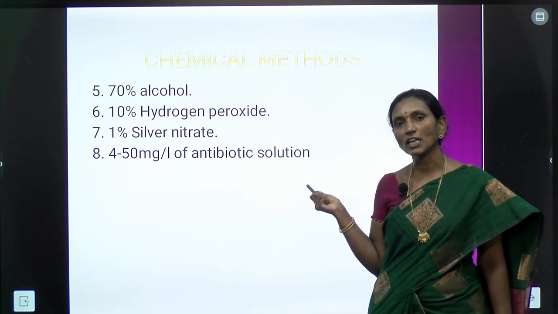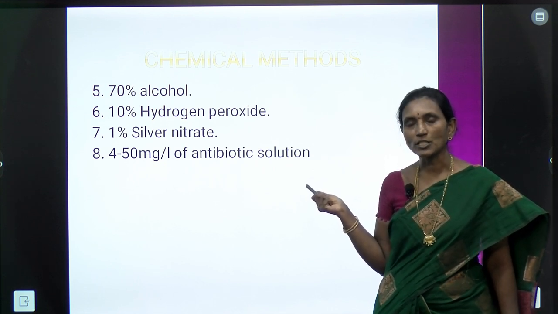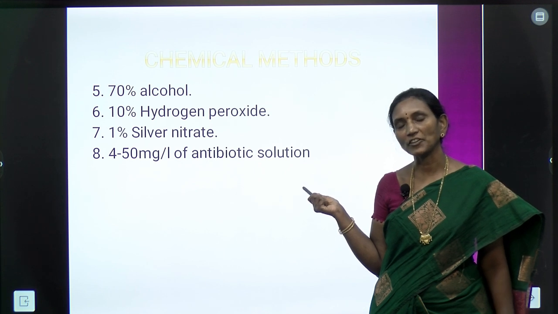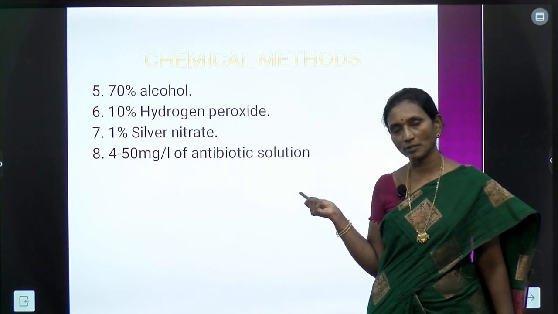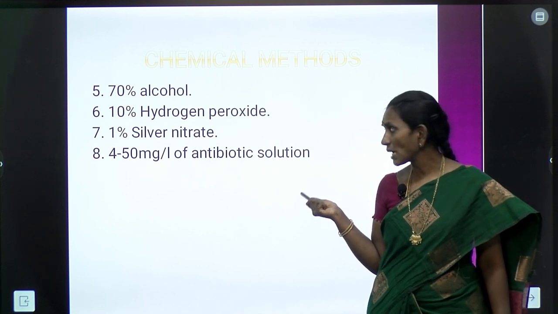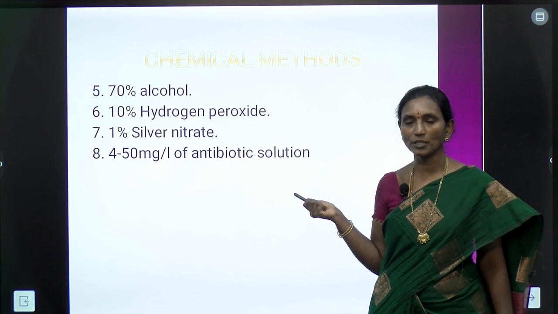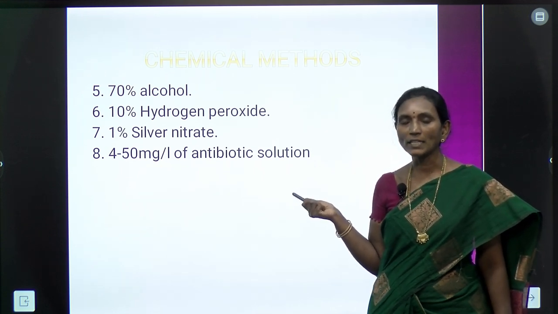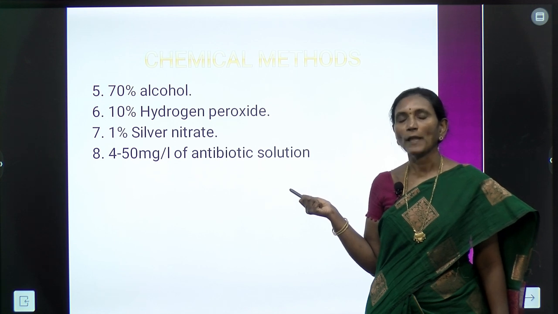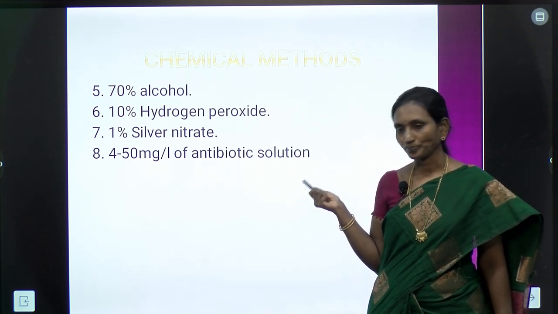Even though we take care of sterilization, the bacterial endospores and the fungal spores can resist all the conditions and they can survive in the nutrient medium. Therefore, in some cases we have to add antibiotics also to the nutrient medium. In this way, we can successfully do the plant tissue culture technique and generate the plants we desire.